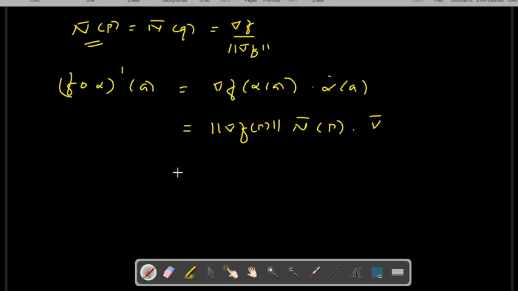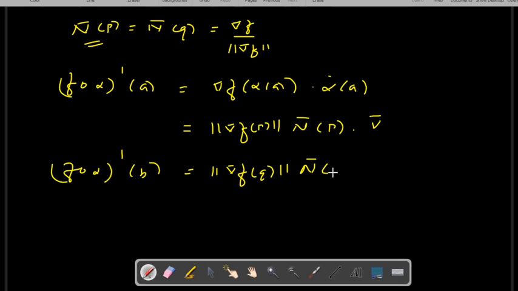Okay, in a similar way you can write the case of b also, that is f circle alpha dashed of b will come in case of q. So you will write it as del f of q into n bar of q dot v, the same.